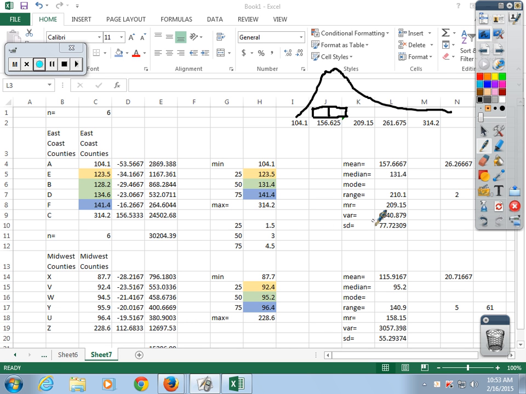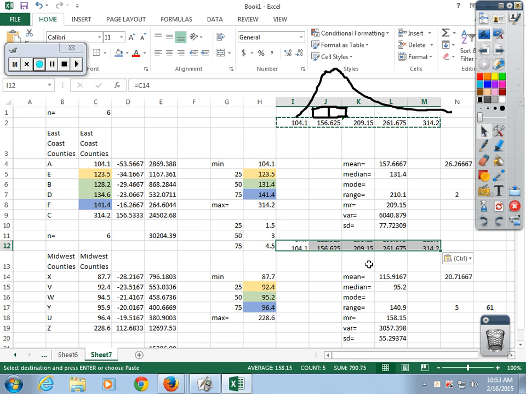What about this one? Well, let's do this one. I wonder if I can copy this one. Oh, please tell me that's right. It is. What does this one look like? Well, 92. 92 would be right down here.